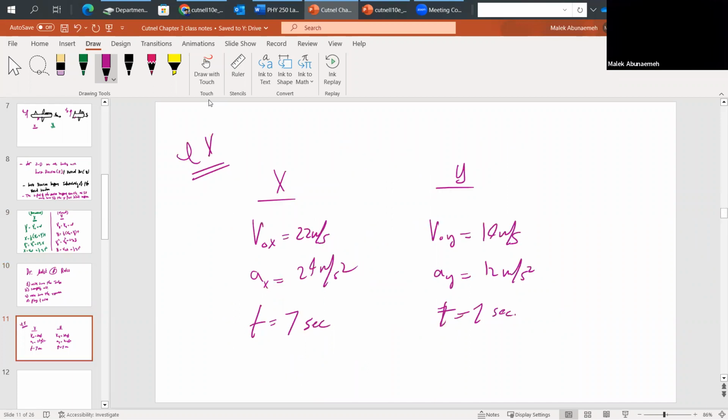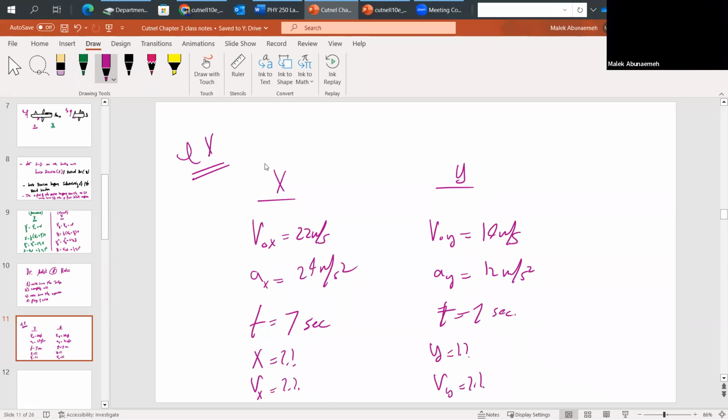Now, what are we looking for? Something equals question mark. We are looking for your x and v of x, so we're looking for our x and our final velocity in the x direction. We are also looking for, same thing, your y and your velocity in the y direction.